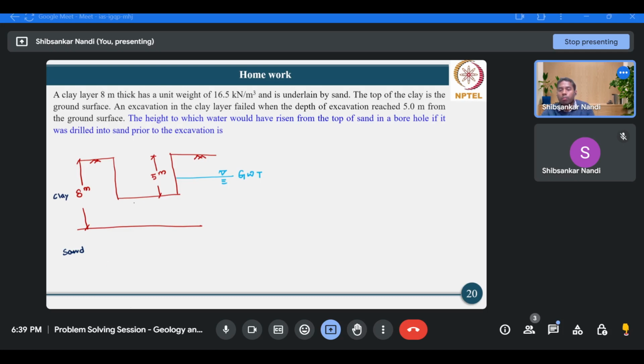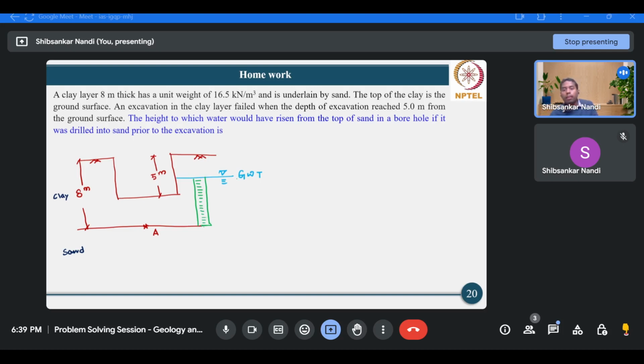Now at this point, suppose point A, when the failure occurs, effective stress becomes 0. Now prior to excavation, if you drill a borehole, then what would be the rise of water in that borehole?